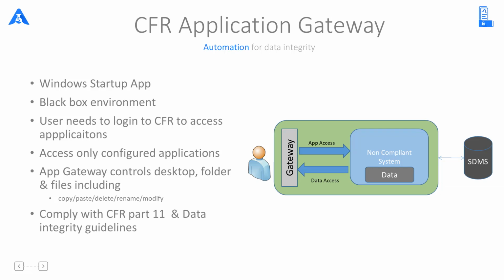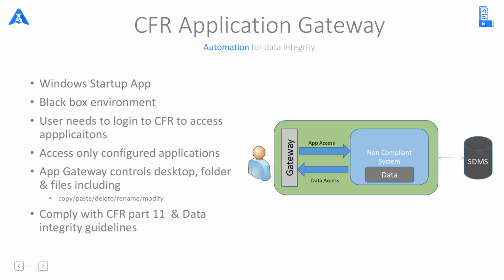The CFR Gateway has the necessary tools to configure specific applications to be used by specific users or user groups. Users who have access rights to specific applications will be able to see whichever applications they have authority to use. This brings in a black box environment with very good control over access to specific pieces of software.